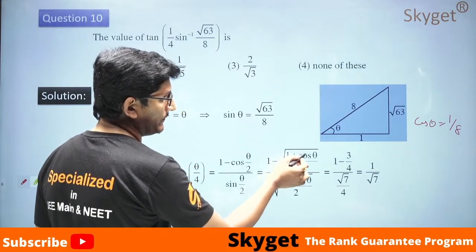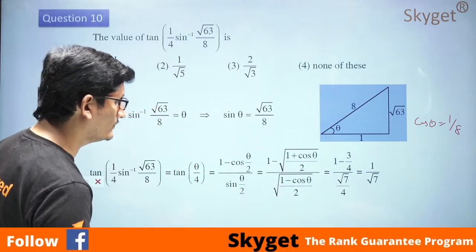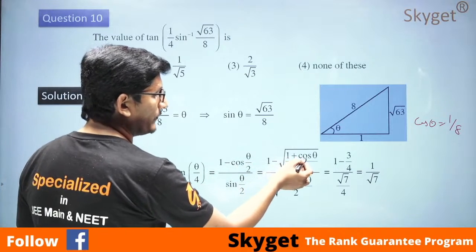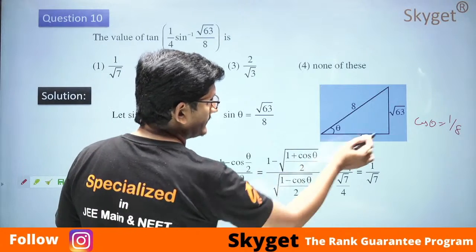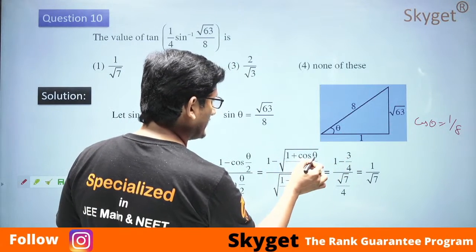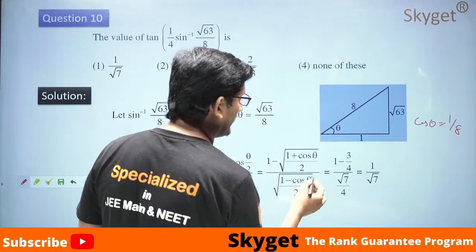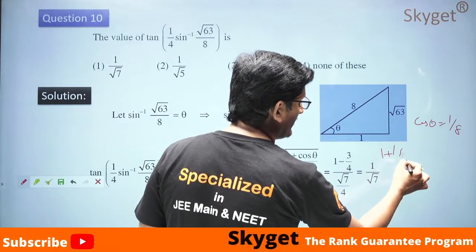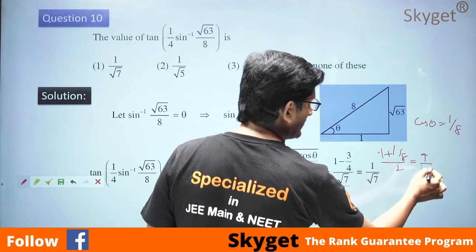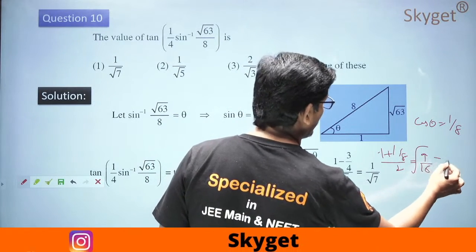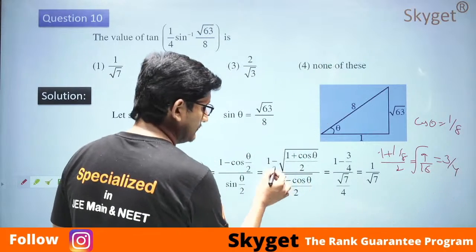So applying the formula, 1 plus cos theta, we can write 1 plus 1 by 8, by 2. 8 plus 1 is 9, so 9 by 2 into 8 is 16. So square root of 9 by 16 is 3 by 4.